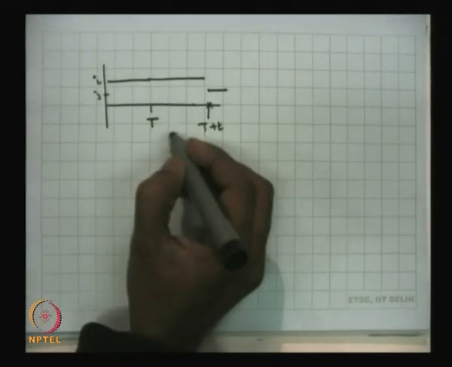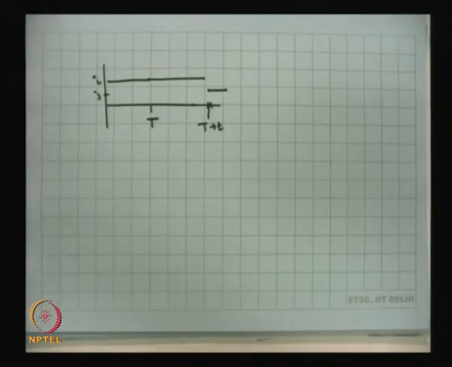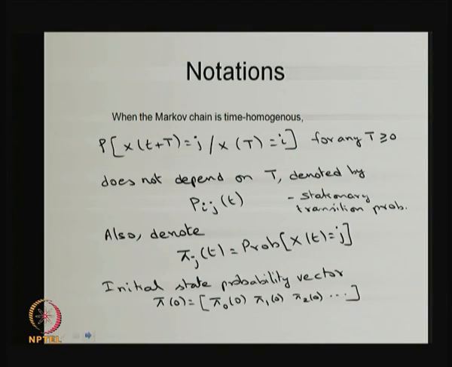It is independent of capital T whenever the Markov chain is time homogeneous, for any t greater than or equal to 0. That means that the actual time does not matter, only the length matters, the length of the transition time. That means the small t matters, not the capital T, whenever it is time homogeneous.